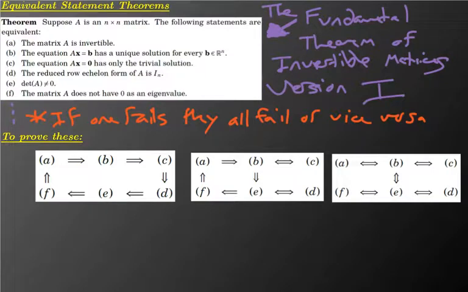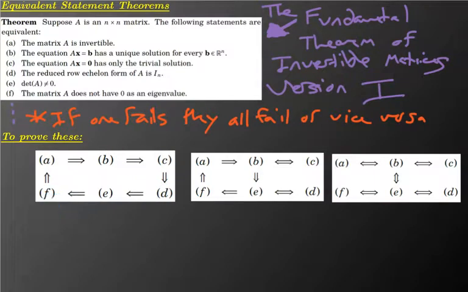So this is something that we're going to be working with a lot. And last time I taught this class, I actually did have them prove the full version, I think it's version 4 in your book or something like that. Basically, the simplest way to prove these is to make a chain of implications.